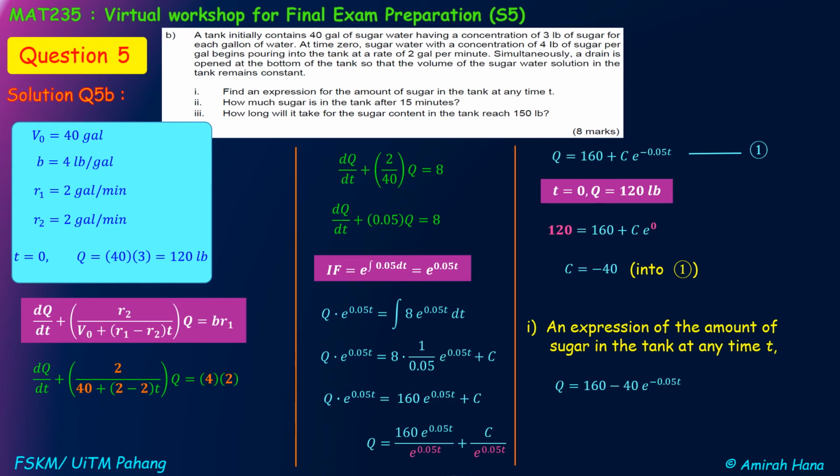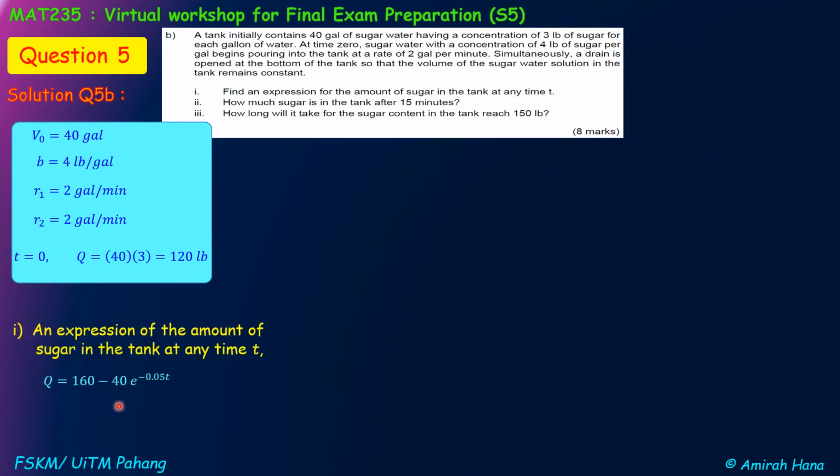From the previous slide, we have Q equals to 160 minus 40 e to the power of negative 0.05t, and we can name this equation 2.